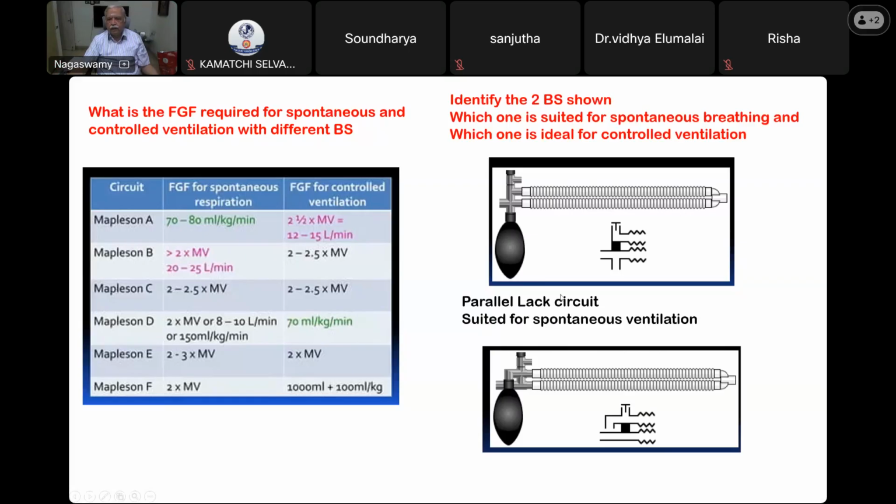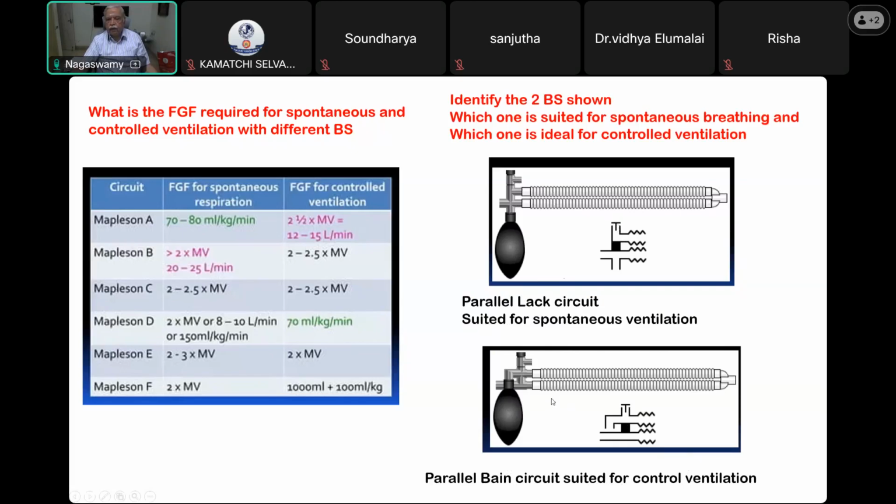So the parallel Lack circuit is suited for spontaneous ventilation. You can see there are 2 parallel breathing tubes, corrugated tubes, and there is an expiratory valve above the reservoir bag. And this is the Bain circuit, suited for controlled ventilation.